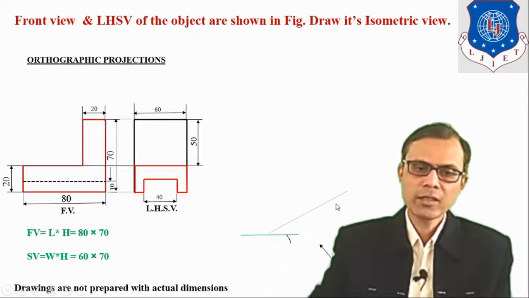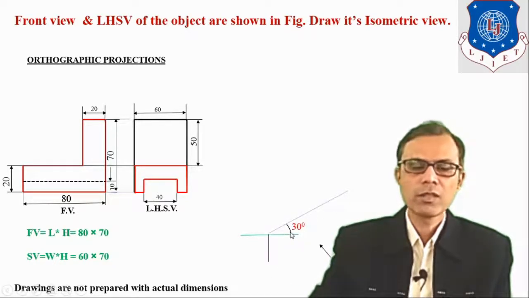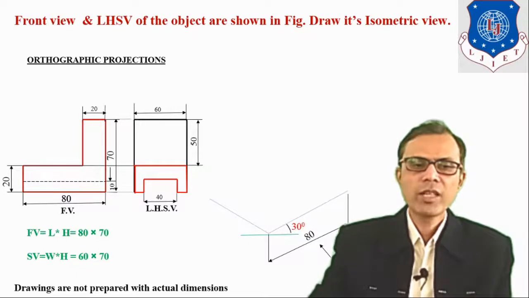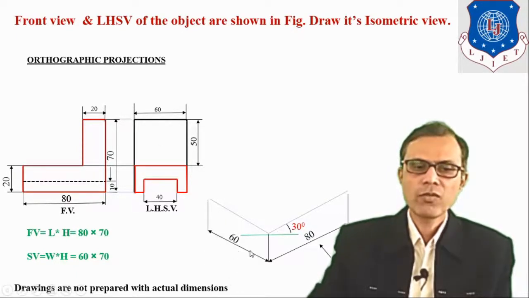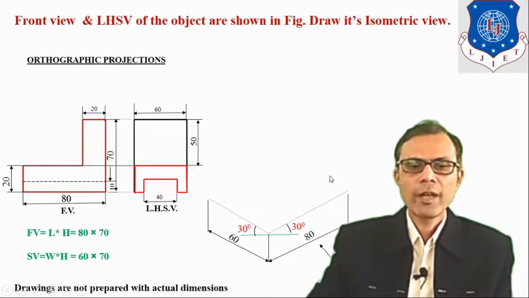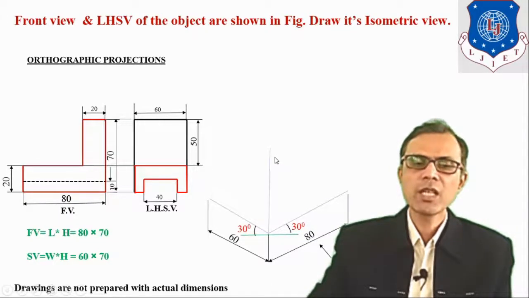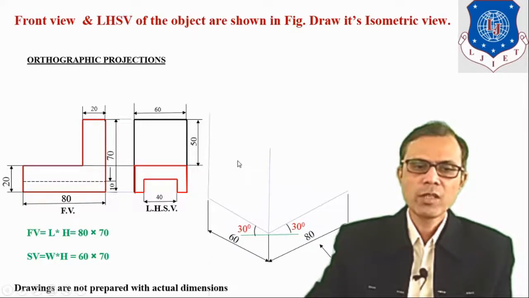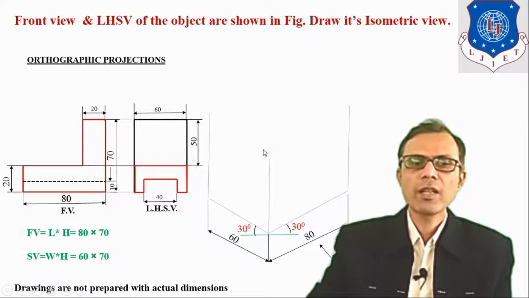So it is length, drawn at an angle of 30 degrees. Total length is 80. Width is 60. It is also to be drawn at a 30 degree angle. Width is 60, 30 degree angle, and height is 70 mm, and from the rest of the points draw the isometric lines parallel to the isometric axes, and complete this three-dimensional block.